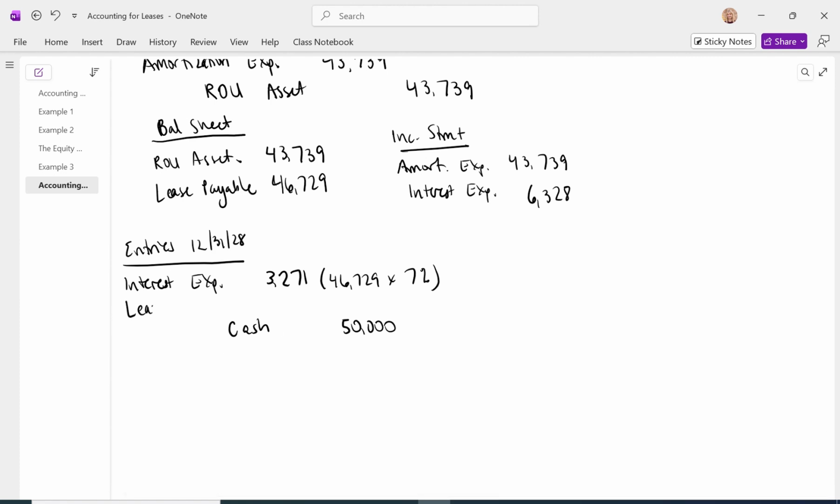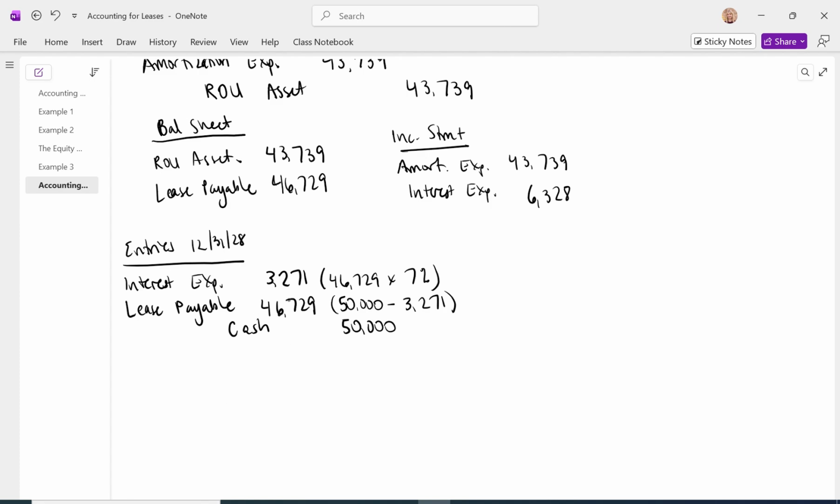Reduce our lease payable account. And I know what the balance is in the lease payable, 46,729. This should work out to be that same amount, or maybe off by $1, just simply due to rounding. And this comes out to be 46,729, exactly what we wanted.